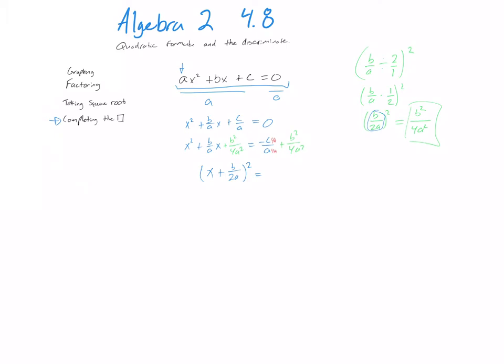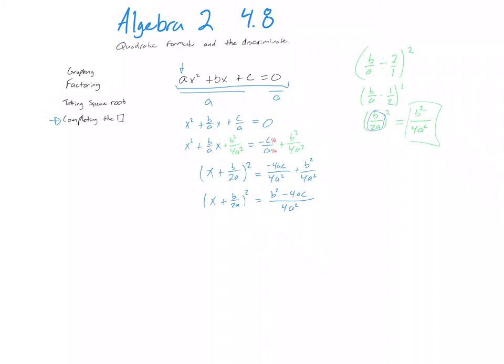That's going to get me negative 4ac over 4a squared plus b squared over 4a squared, because I want those same denominators. So the left-hand side is to the point where I can square root it, but we're going to give it just a minute. Combine those together. I'm going to write the b squared first: b squared minus 4ac all over 4a squared.